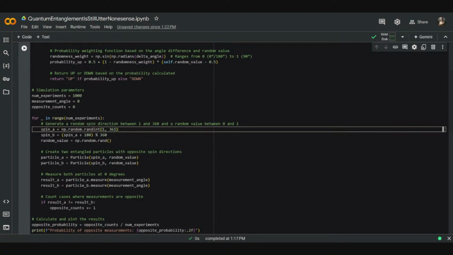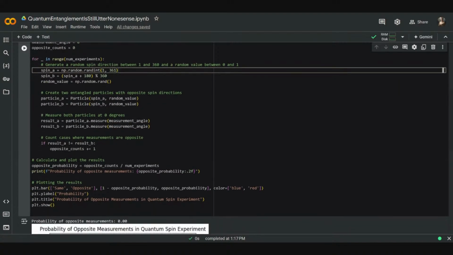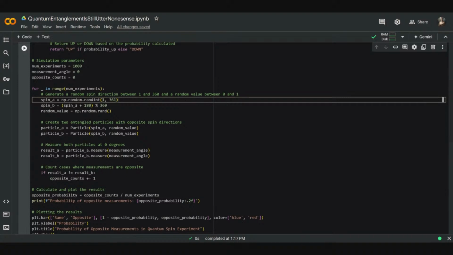But if it's more than mod 360, random value is random value. Particle A is particle spin A, random value, and particle B, spin B. This looks good. Result A, measure. Result B, measure. That's good. Okay. And then you have result A and result B. What is result A and result B?